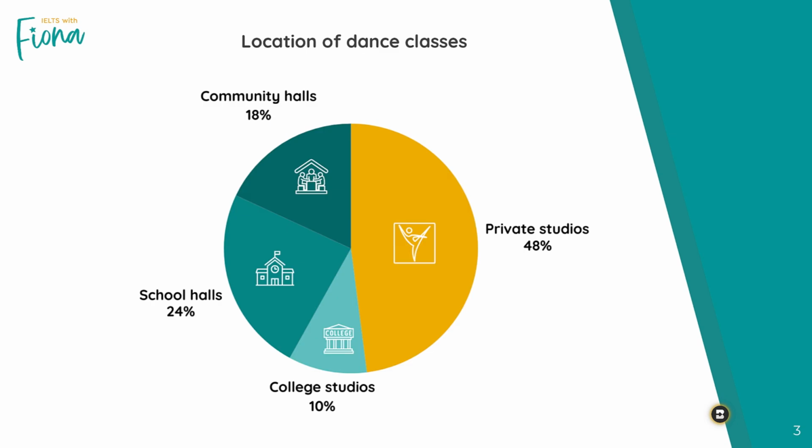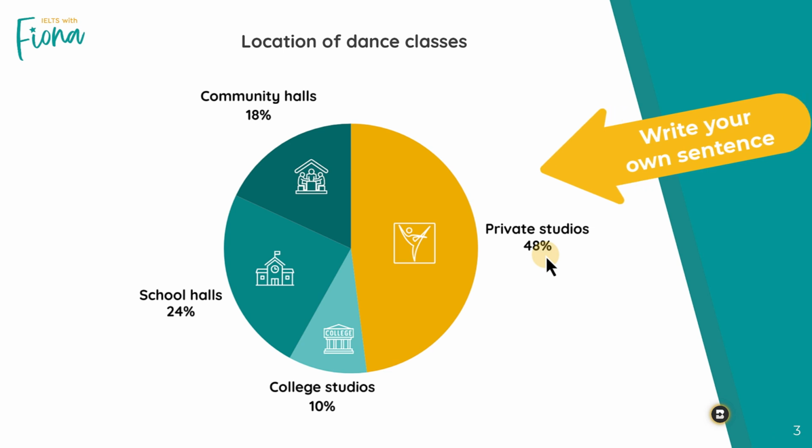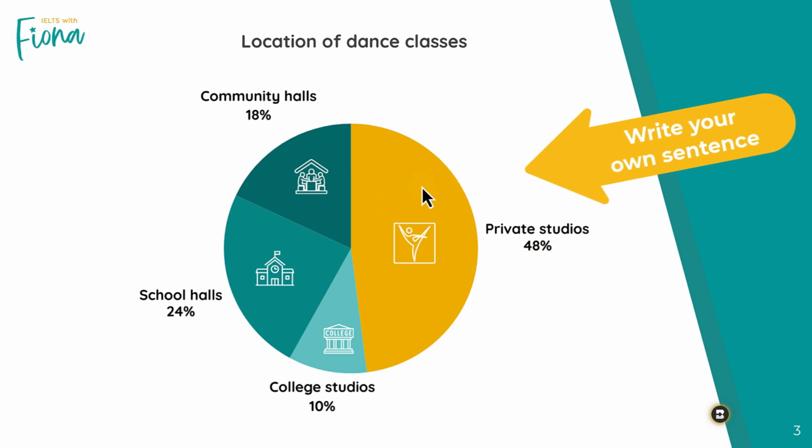So if you're watching this on YouTube, I'd like you to pause the video, please, and look at the information about private studios. Check the title, location of dance classes. For private studios, it says 48%. And think about how you would describe that 48%.